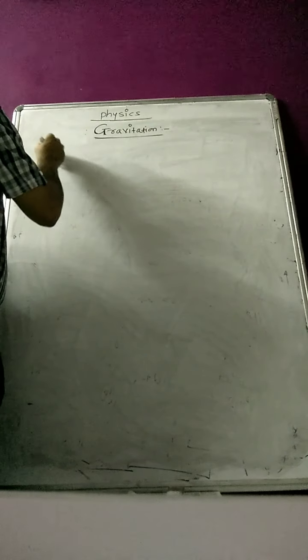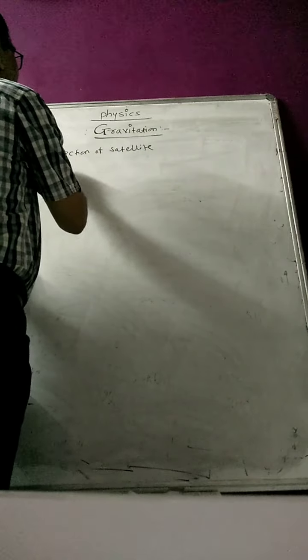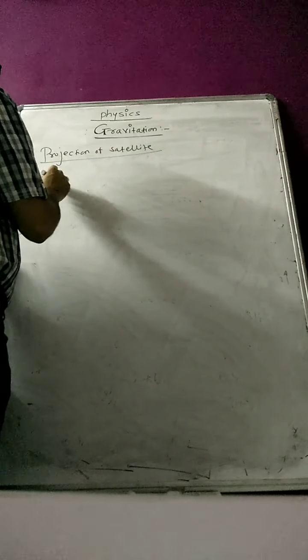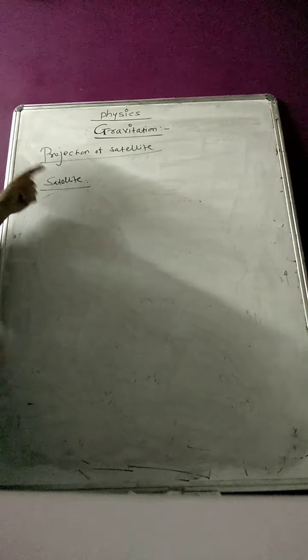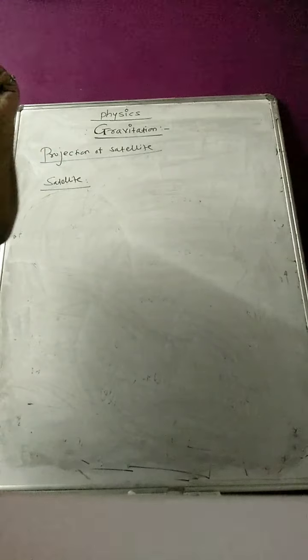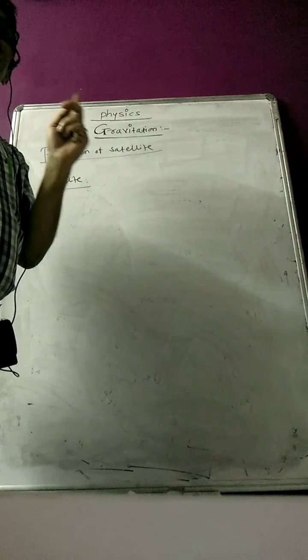What is projection of satellite? Okay, so that is the point we want to learn. For that, first of all, what is a satellite? A satellite means any heavy body which is revolving around the earth in a fixed orbit.